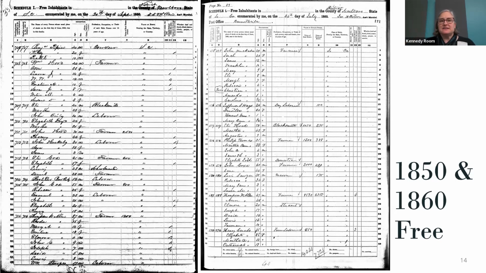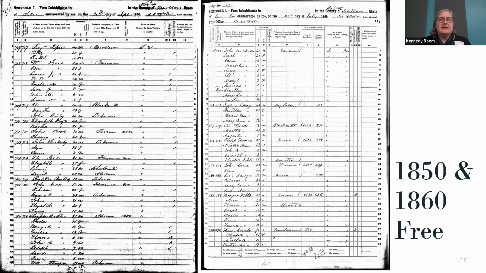1850 and 1860, they separated out the free, Schedule 1 was the free inhabitant, Schedule 2 was the enslaved inhabitant. And on this you see, again, Thomas Allen in Marlborough County, South Carolina.